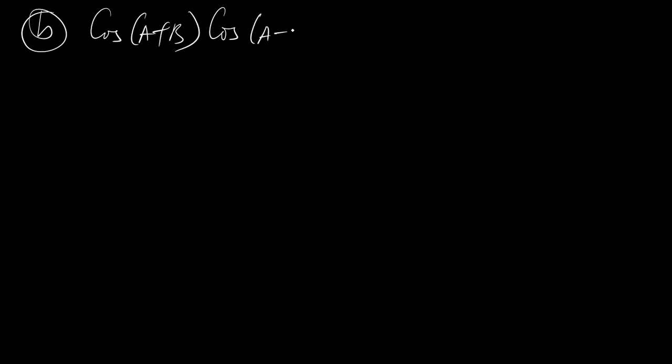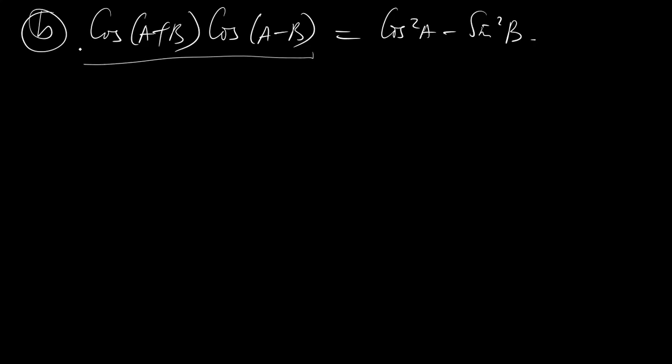Now let's look at the b part. The b part has cos(a + b) cos(a - b) is equal to cos square a minus sin square b. Let me use an analogy.